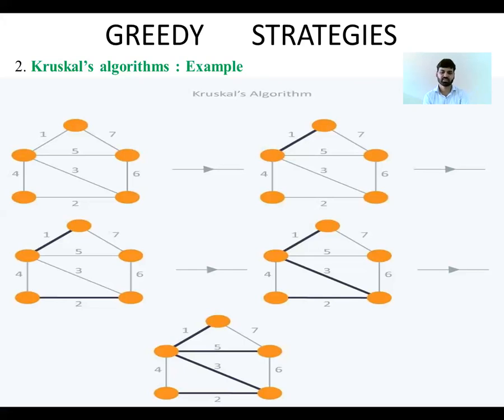If we select 4, then will we get that vertex? No, we will get the same vertex again. So we have to select the next weight, that is 5. By selecting weight 5, we get all the vertices of the graph.